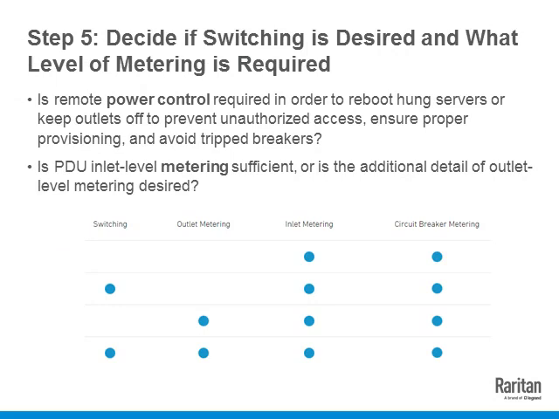For instance, we have one customer that says we can never have switching or remote power control capability on a rack that has networking devices, because I don't want any capability for even accidentally turning things on or off from the remote, because these are highly critical networking devices that I cannot take a chance like that.